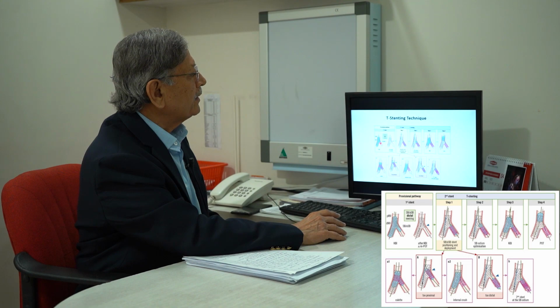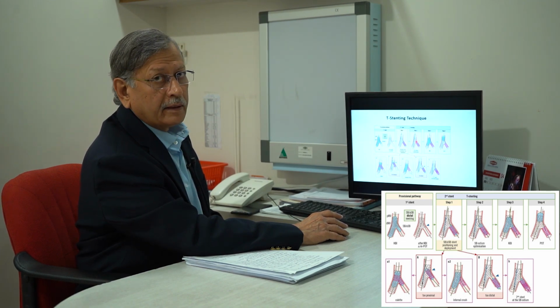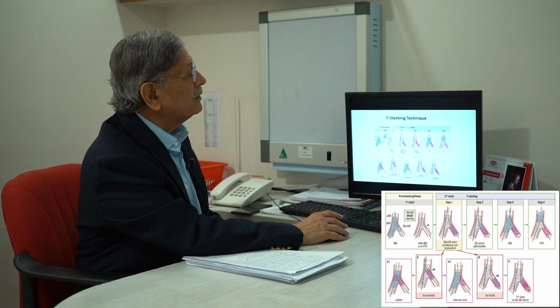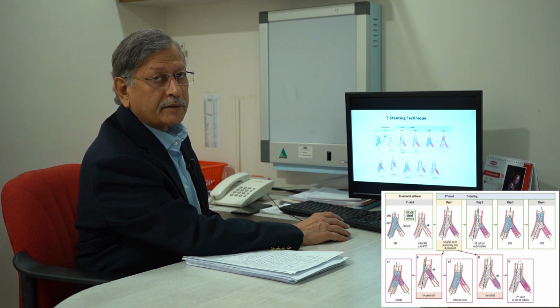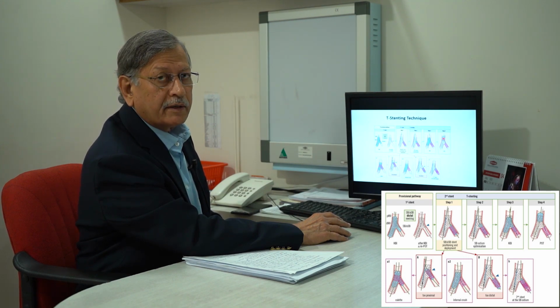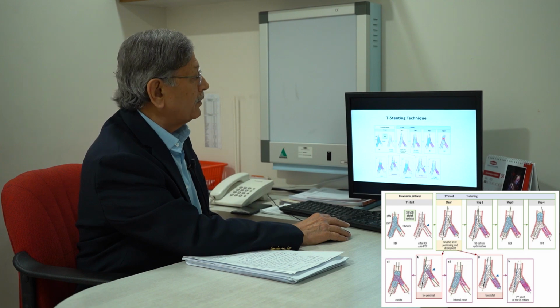Once you have opened it, then you stent it like a T, and then you pull the balloon back and dilate it again at higher pressure, and of course final kissing ballooning, as I've already mentioned, and of course POT. POT is something that should be practiced in this day and age, as we have enough evidence to suggest that this reduces MACE and improves long-term outcomes.